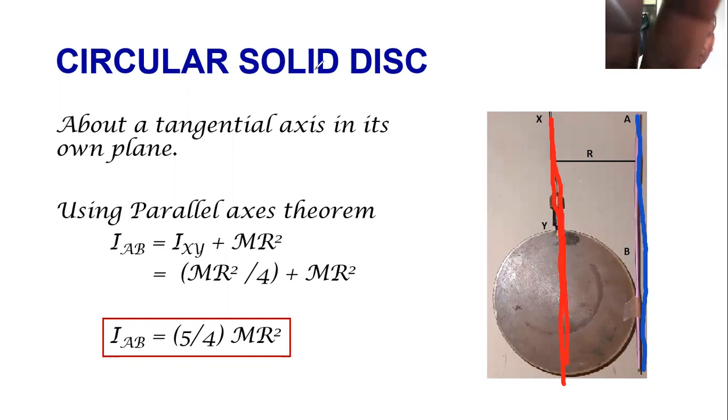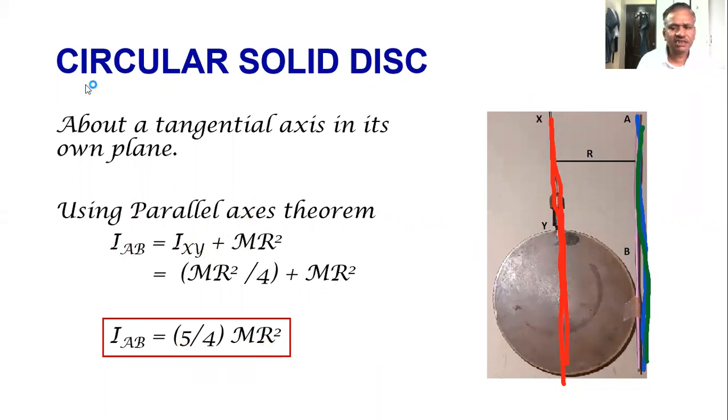I am interested in calculating about this axis, which is tangent in its own plane. Then which theorem am I using here? Parallel axis theorem. So I of AB equals I of XY plus M_r square. What is I of XY? We just calculated: M_r square by 4, plus M_r square. It becomes 5 by 4 M_r square.